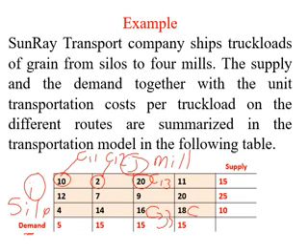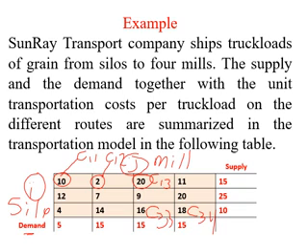This, for example, is cost 3,4. This means the cost 18 is the cost for shipping from source 3 to destination 4, and so on.